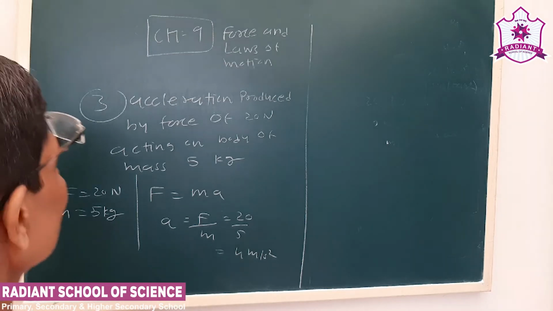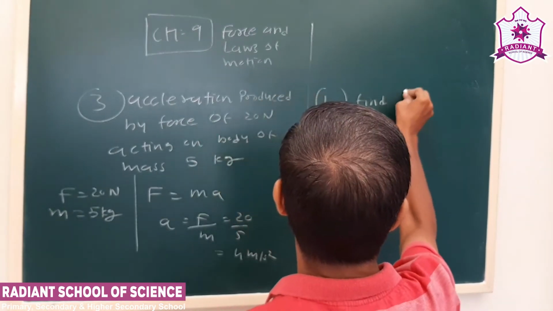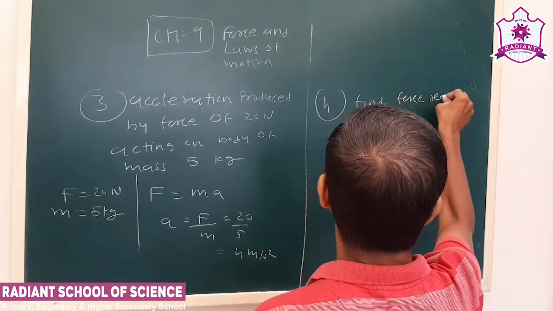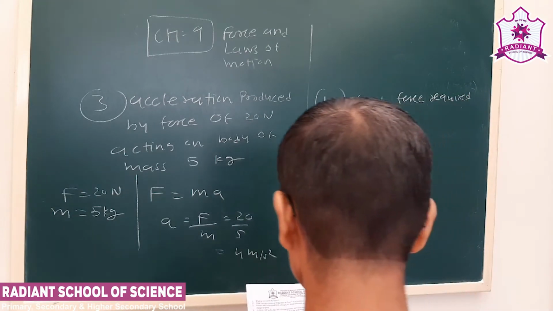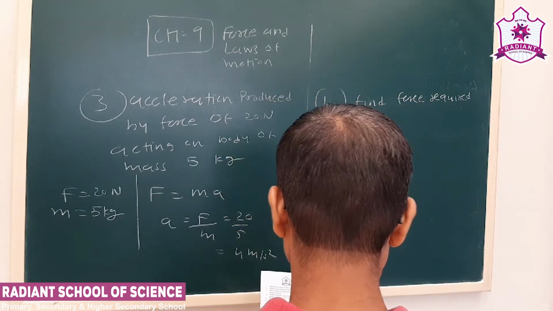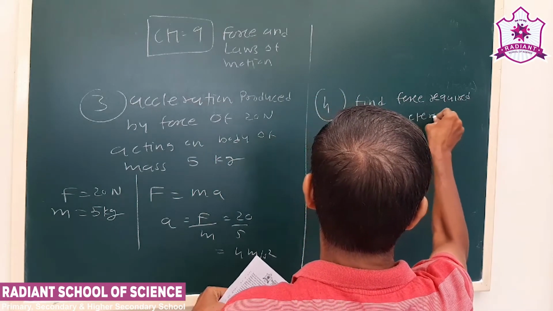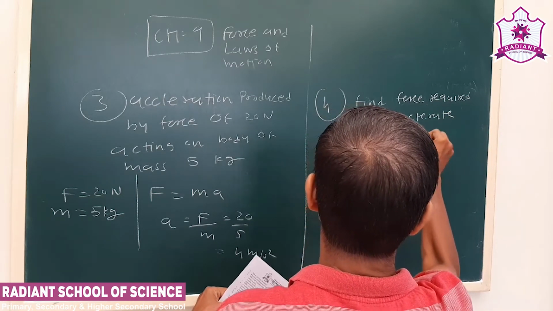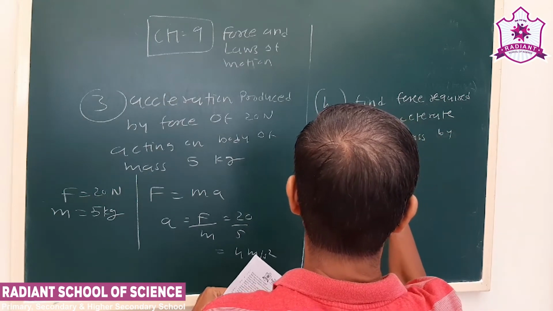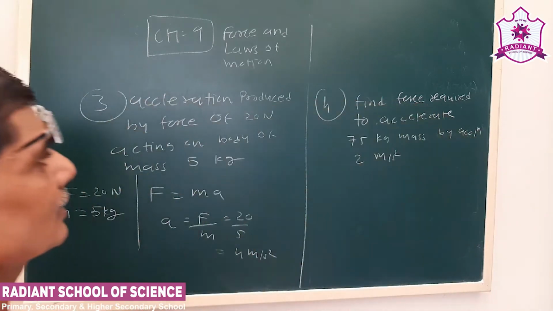Now the next question is how much force is required to accelerate a 75 kg mass by an acceleration of 2 meter per second square.